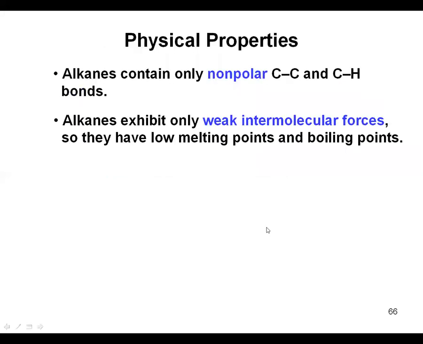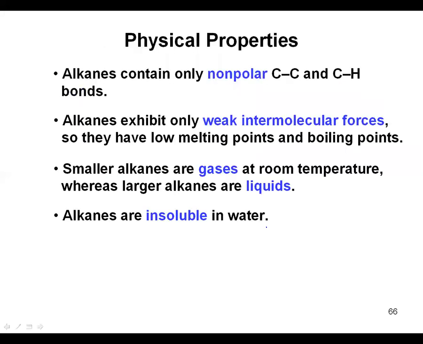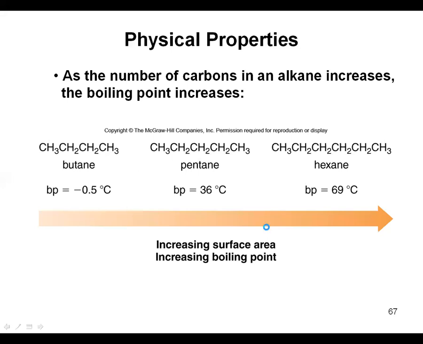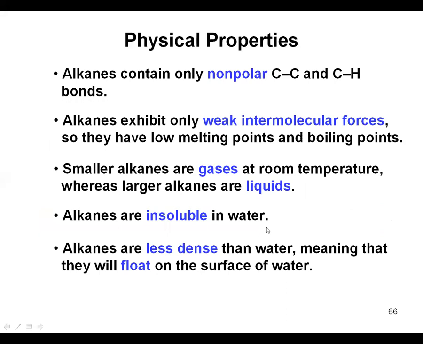As we talked about a little bit before in terms of some of the properties here, alkanes are nonpolar. They're basically made up of carbon-carbon bonds, which are nonpolar, and carbon-hydrogen bonds, which are nonpolar. Again, they're going to be using those dispersion forces, and those are the weakest, as we talked about earlier today, of those intermolecular forces.